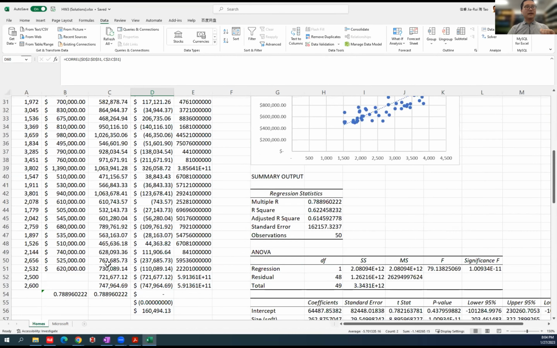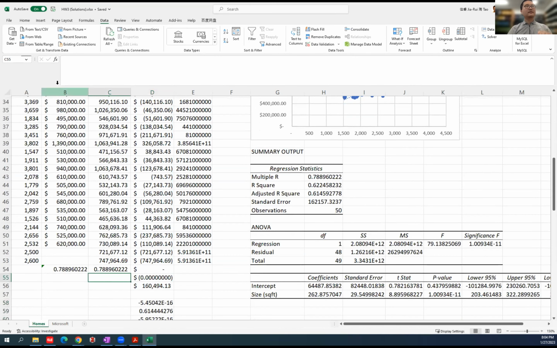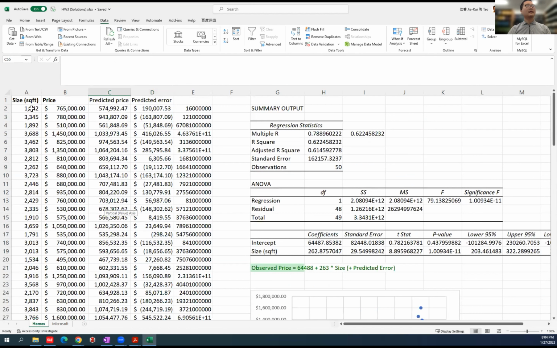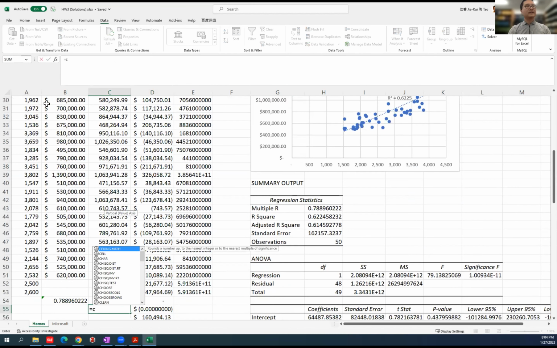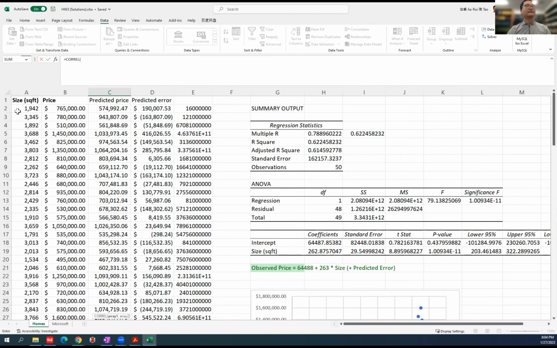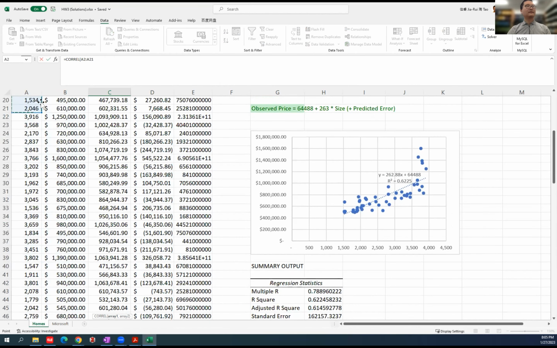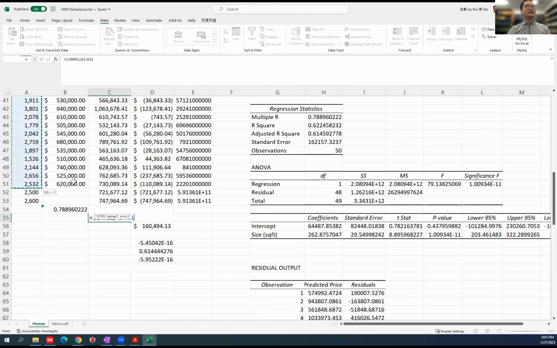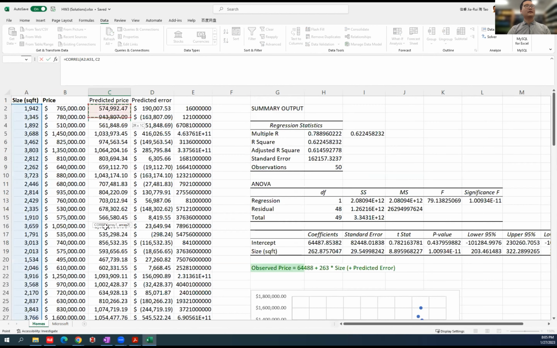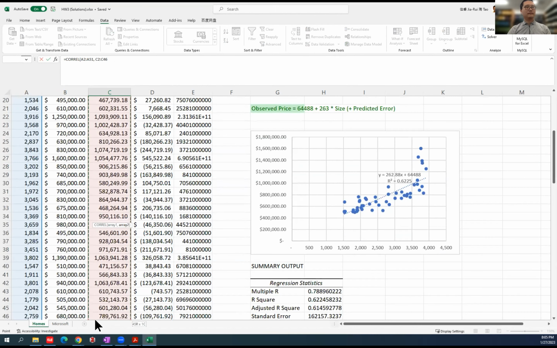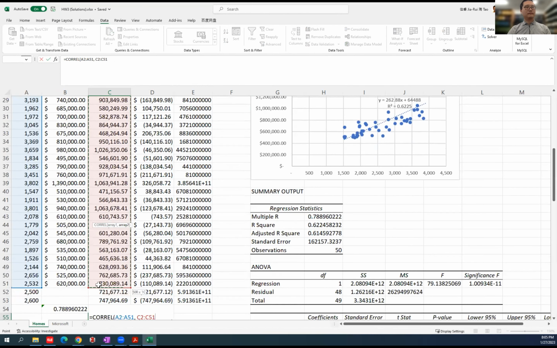The correlation would be exactly the same as when we calculated the correlation between residuals and observed square footage. This is because the correlation between square footage and the predicted price is exactly 1. So that's square footage, then this is predicted price.